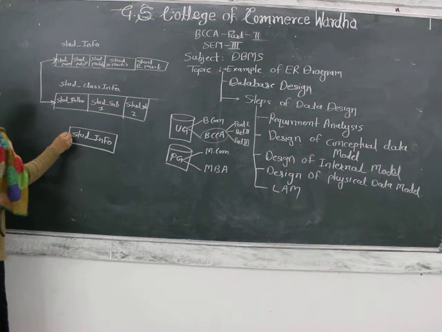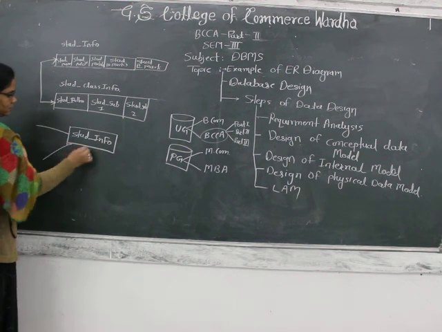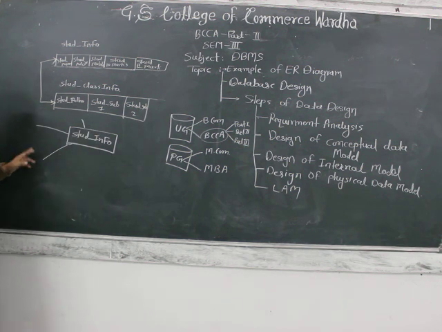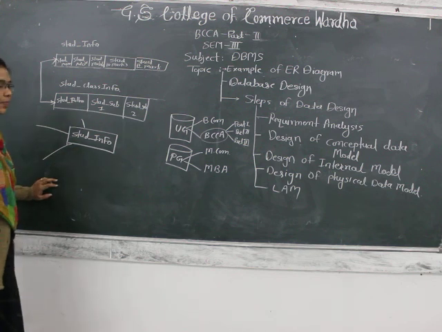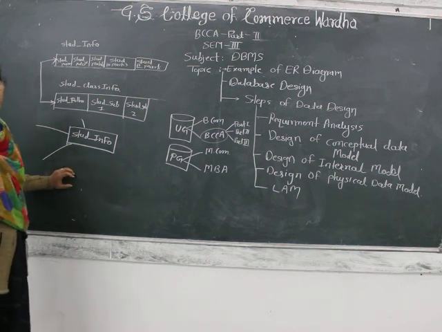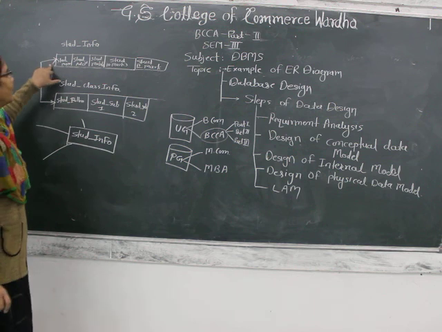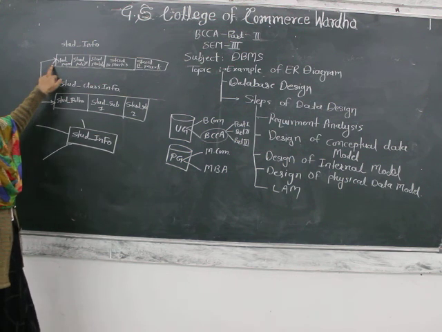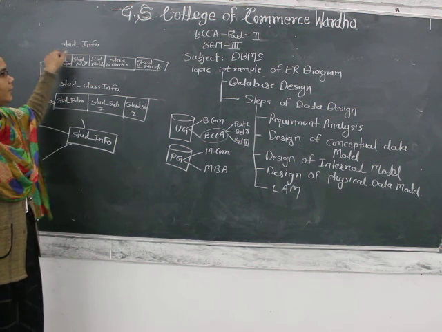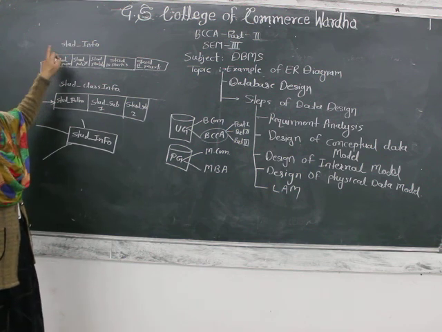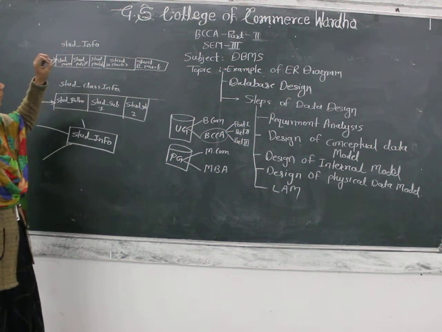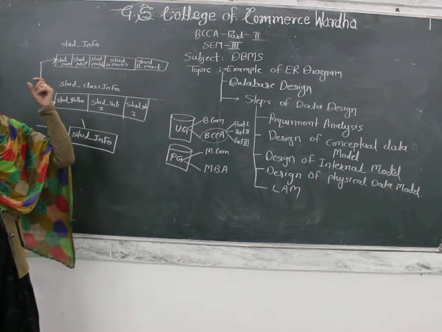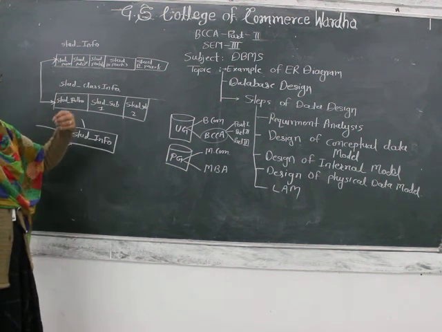After that we have to design. There is another consideration, the primary key in this particular entity. Why? Because we have to find or retrieve our data as per requirement uniquely.